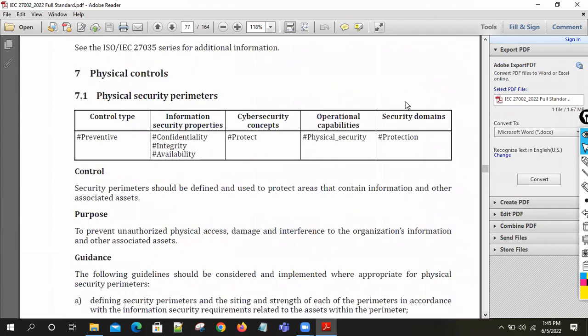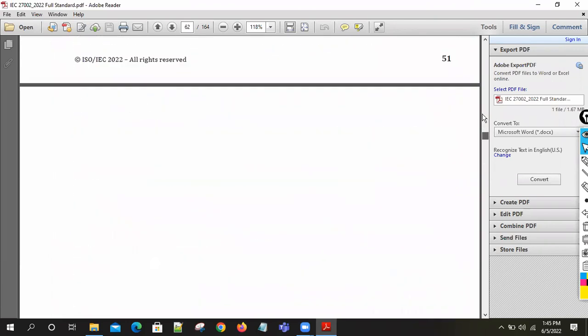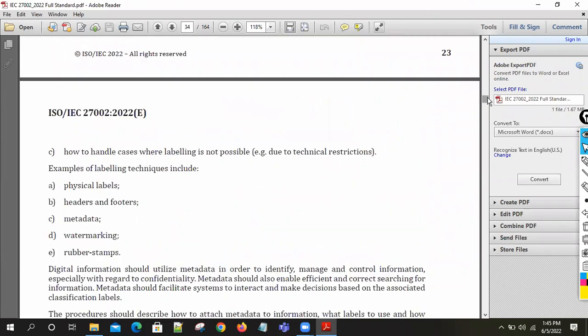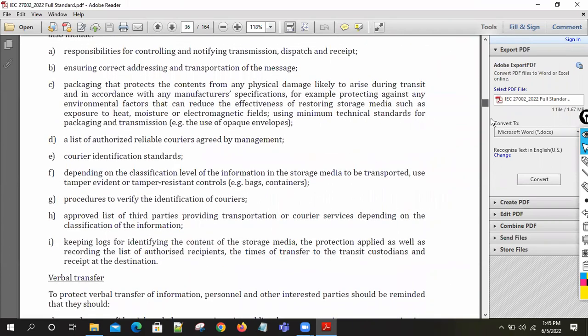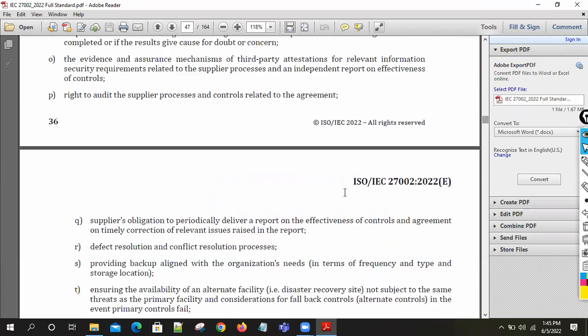So these are the points we need to cover in the HR related control, or people related control. One more control is related to work from home, or persons who are working remotely.